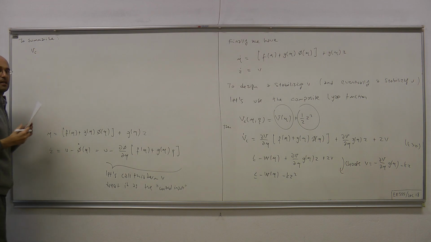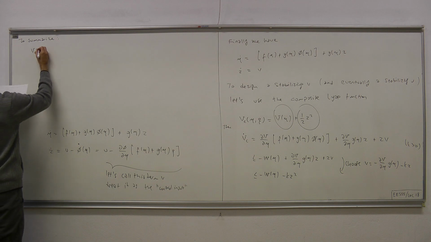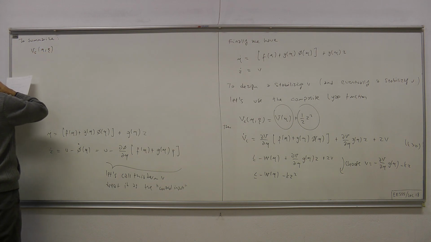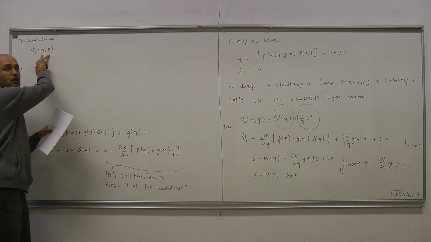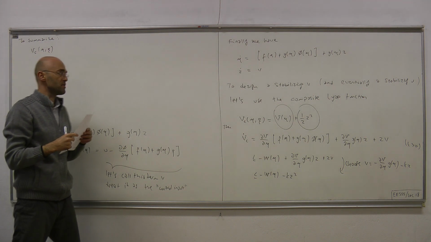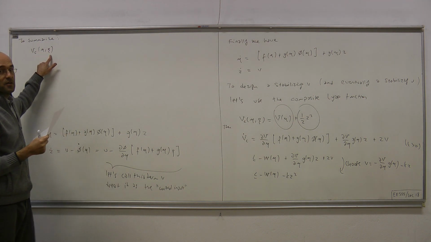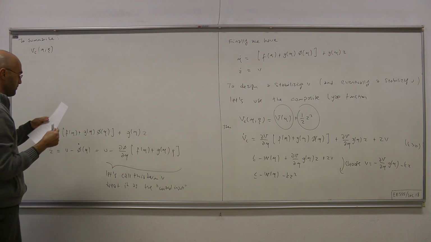To summarize, we have constructed a composite Lyapunov function in eta and Xi, and eta and Xi were the states of the original system. Eta is in Rn, Xi is in R, which is scalar.